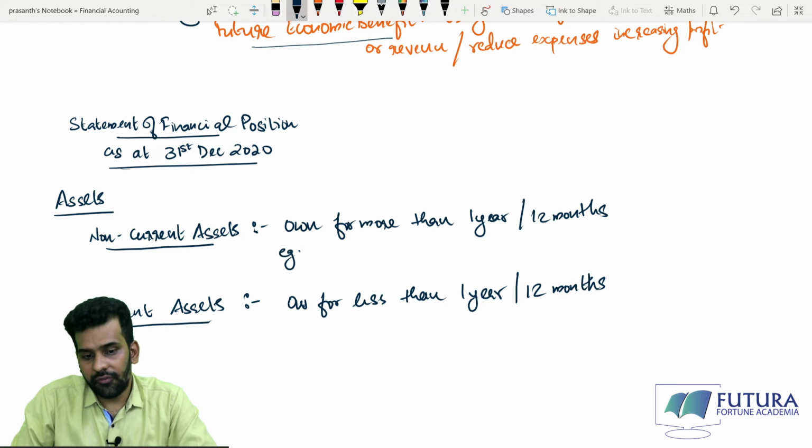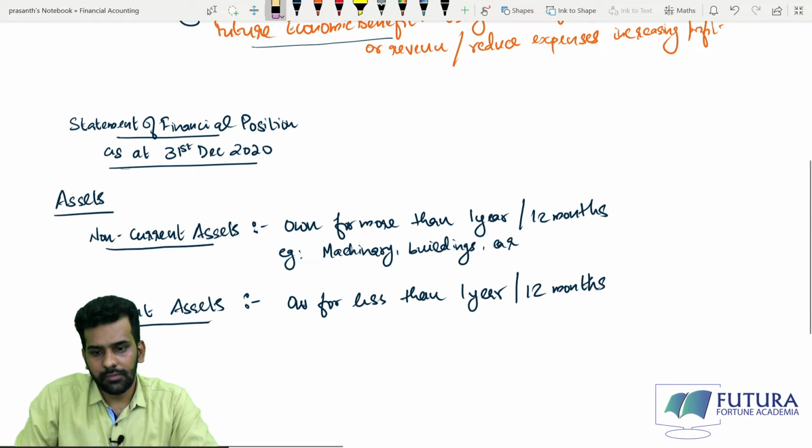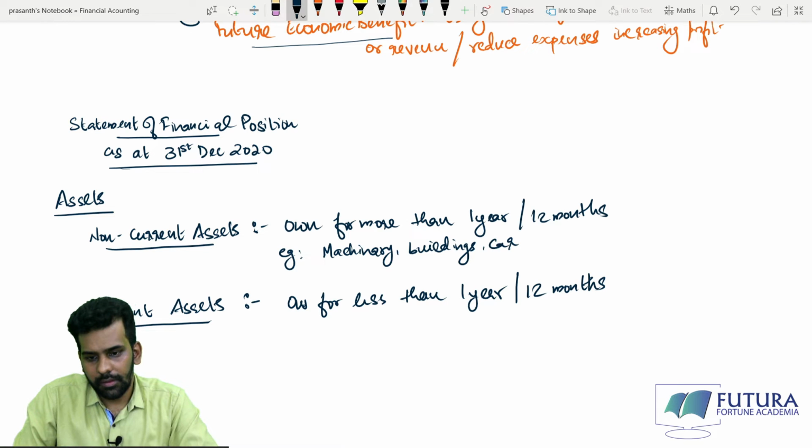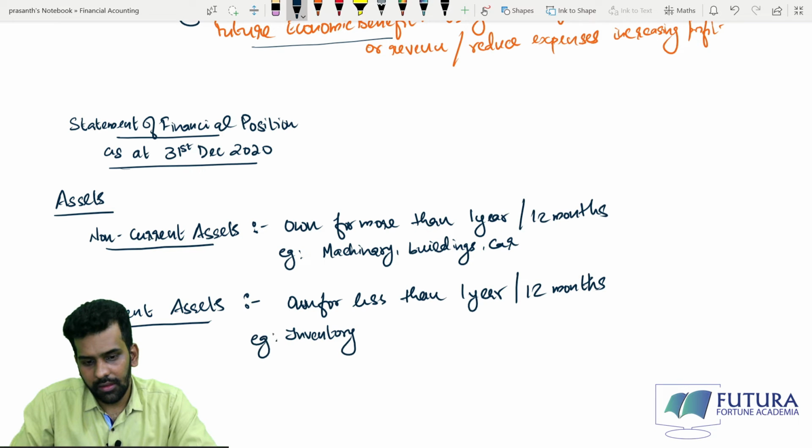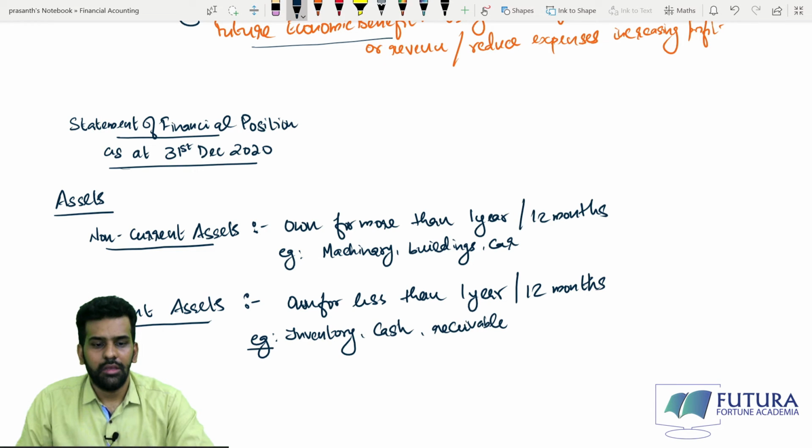Examples of non-current assets are your machinery, buildings, car, etc. Examples of current assets are inventory, cash, receivables, etc. You will learn more about non-current assets and current assets at a later time.